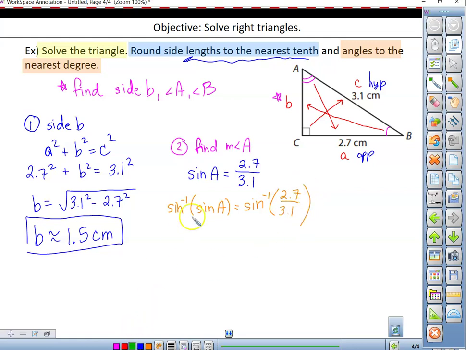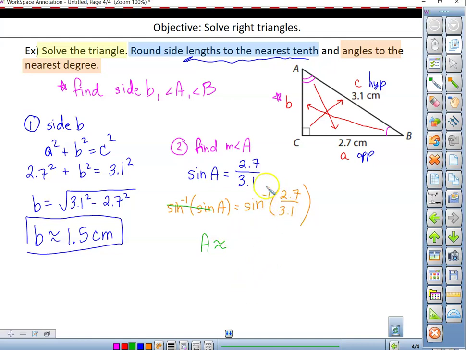So over here, our sine and sine inverse will undo or cancel each other out, leaving us with our angle A. And now we can use our calculator on this to approximate our angle measurement to the nearest degree. So we're going to get angle A is approximately a whole number of degrees.